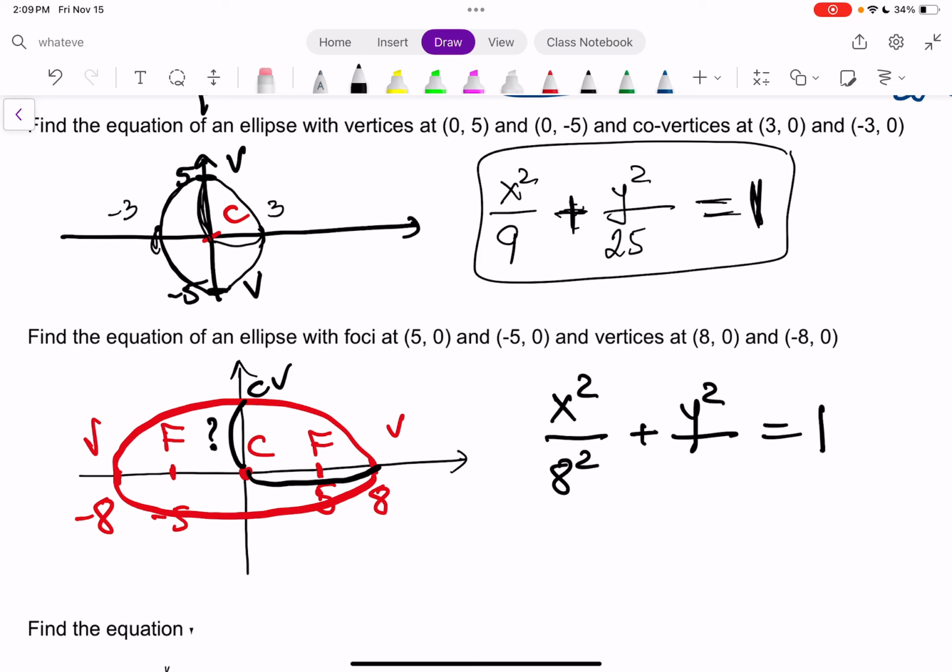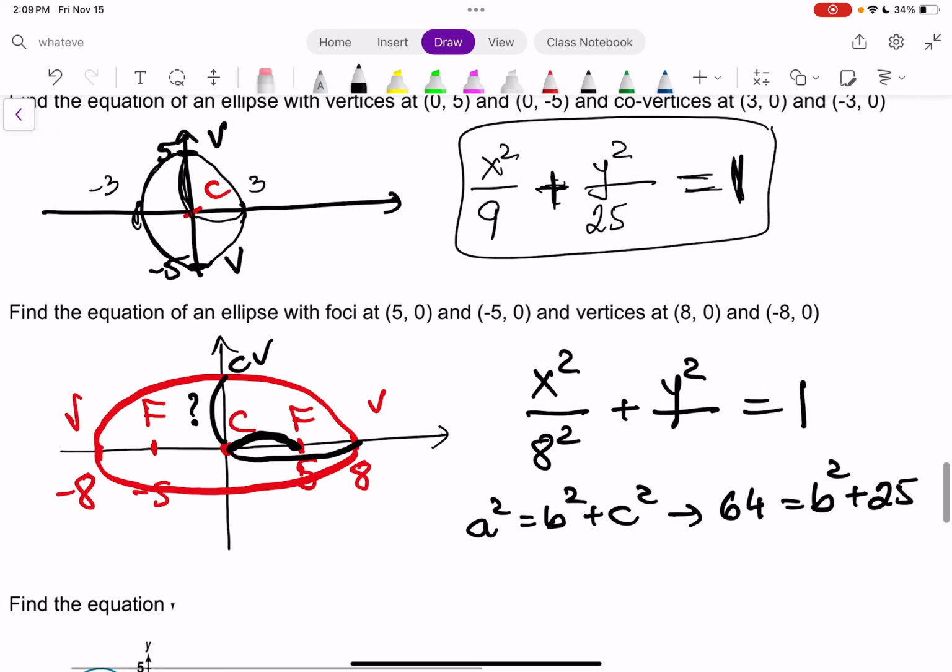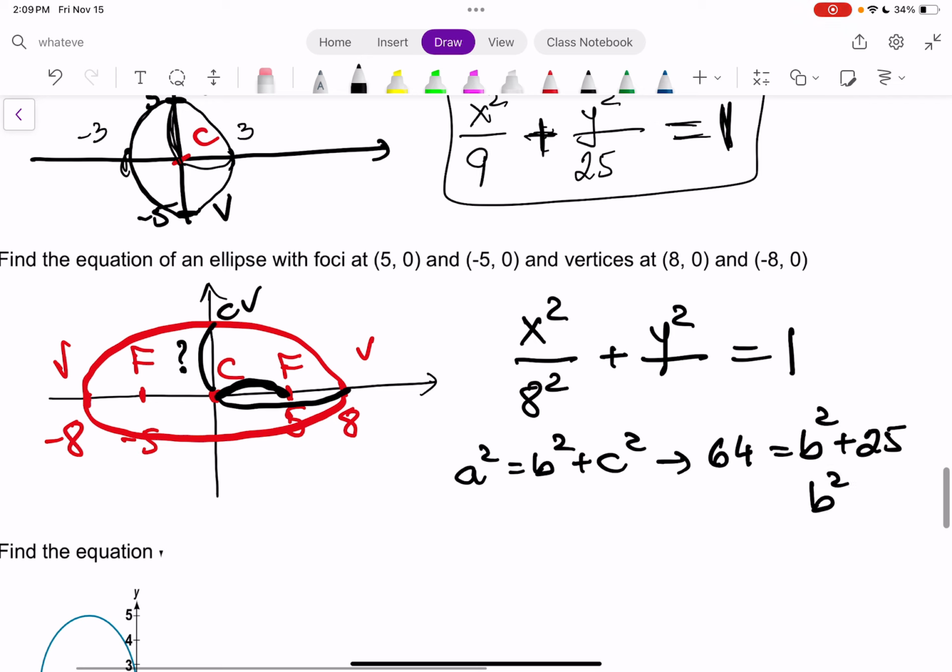Okay, so we know that a squared is b squared plus c squared. A squared is 8 squared, so 64. C is the distance from the center to the focus, which is 5. So 5 squared is 25.